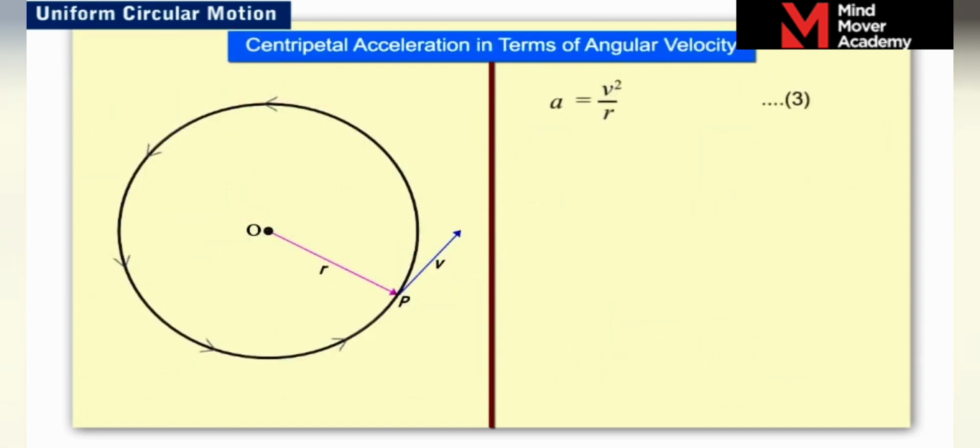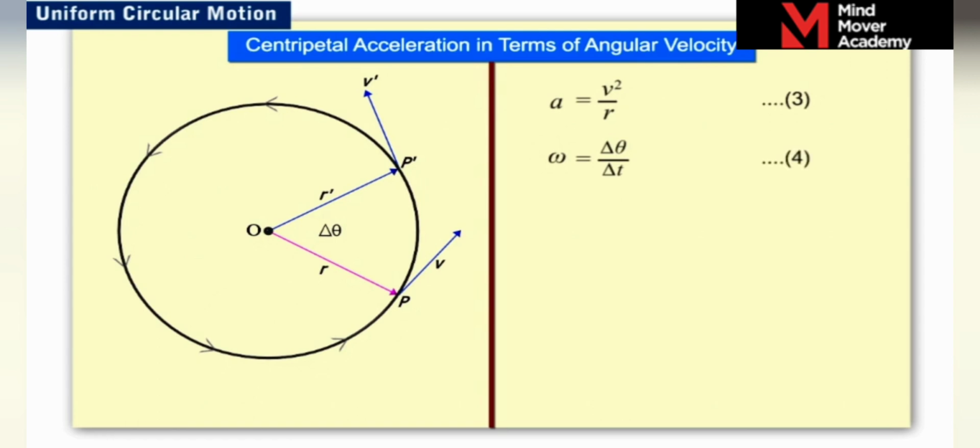Now, let us find the centripetal acceleration in terms of angular velocity omega. As the body moves from P to P dash in time delta t, the line OP turns through an angle delta theta. As you know, omega is equal to delta theta by delta t.